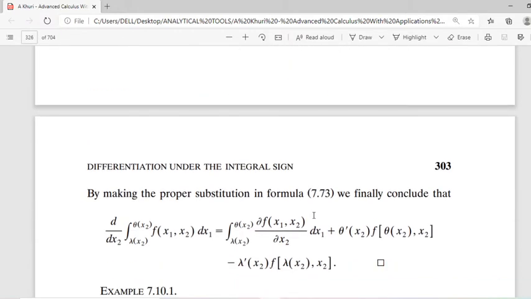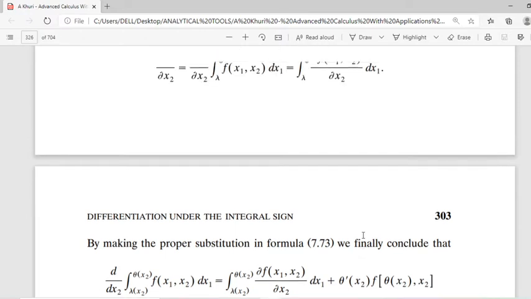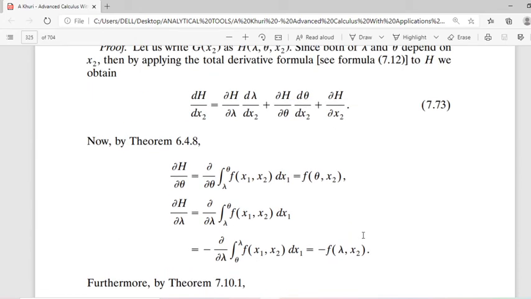They have interchanged the position of the terms. So this one will be the first term: f of theta comma x2 into dou theta by dou x2. The first one will be the last term.